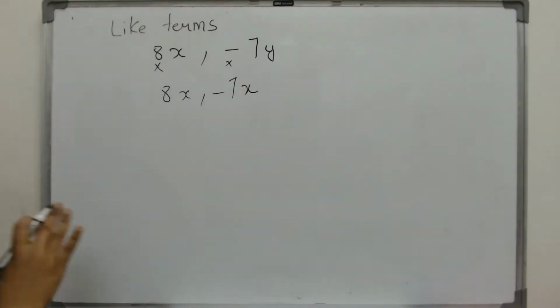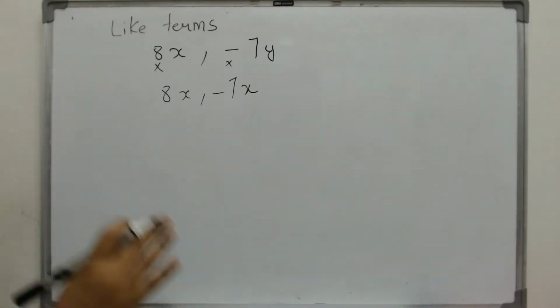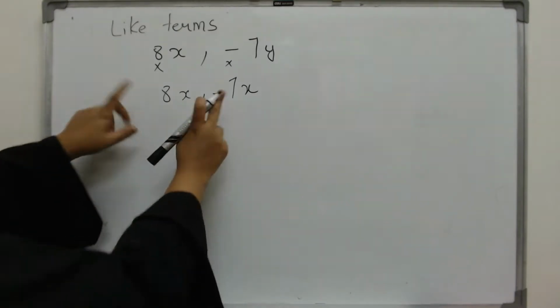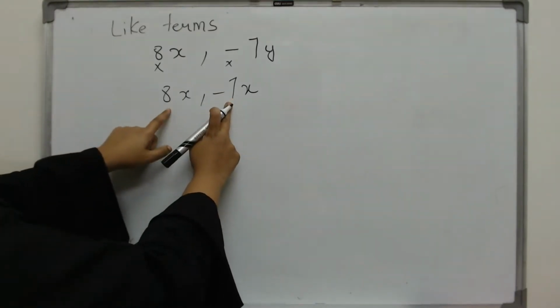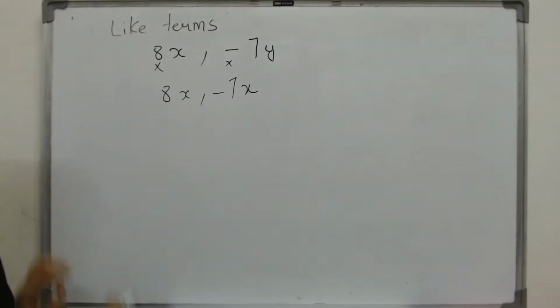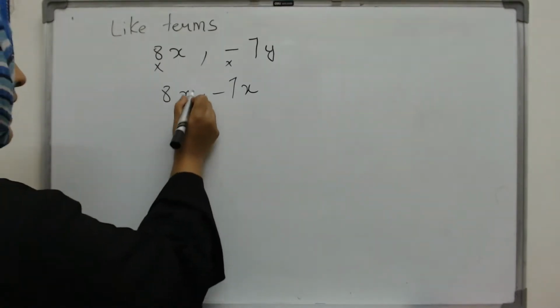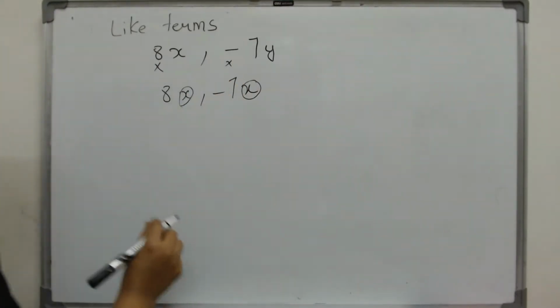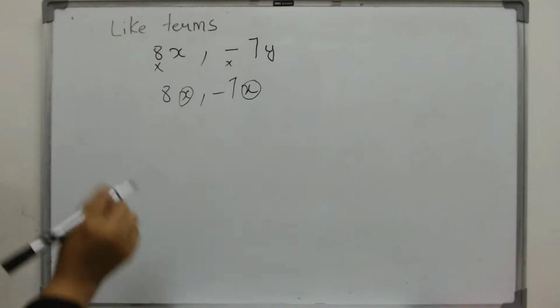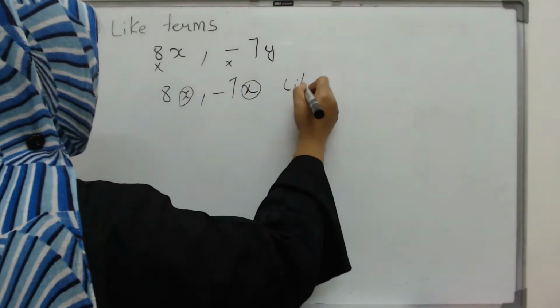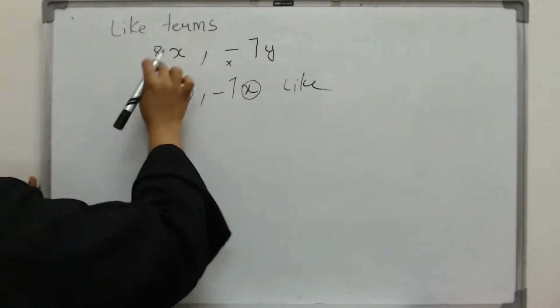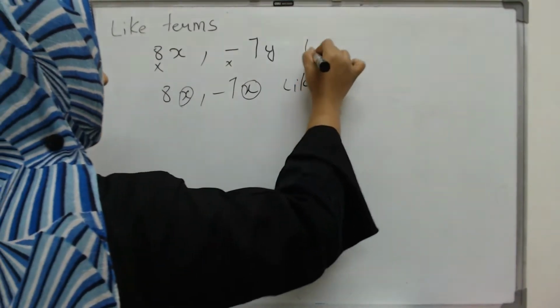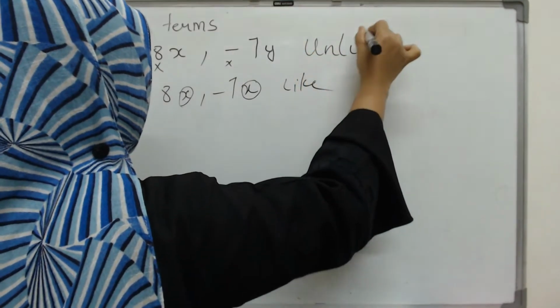These two are like terms. Why? Because for like terms, the sign does not matter, the constant term, which are the numbers, does not matter, only the variable matters. If the variable factors are same, then they are like terms. If the variable factors are different, they are unlike terms.